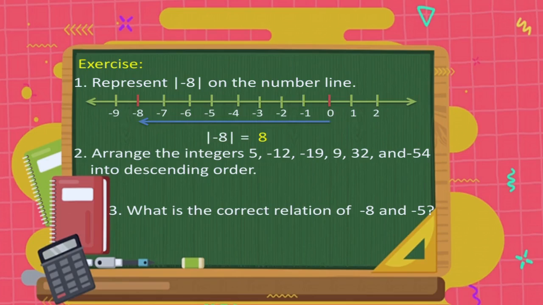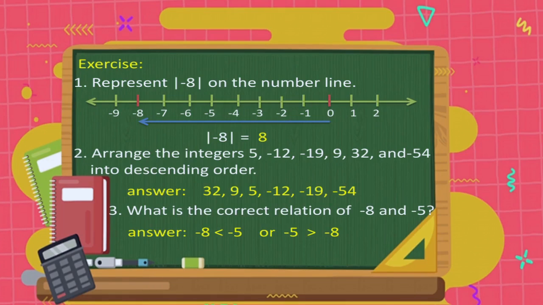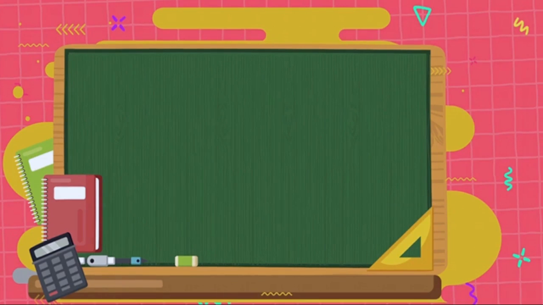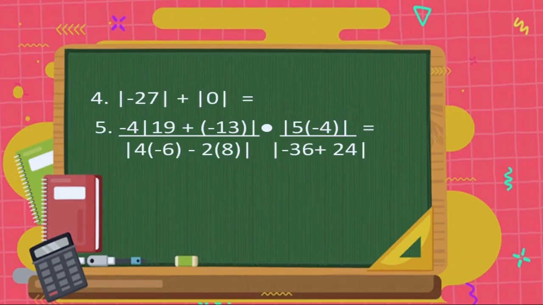For number 2: negative 54, negative 19, negative 12, 5, 9, and 32. Number 3, negative 8 is less than negative 5, or negative 5 is greater than negative 8. Okay, excellent. For number 4 and 5, I'll give you 20 seconds to answer again.